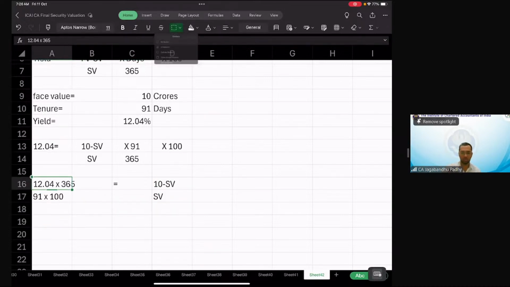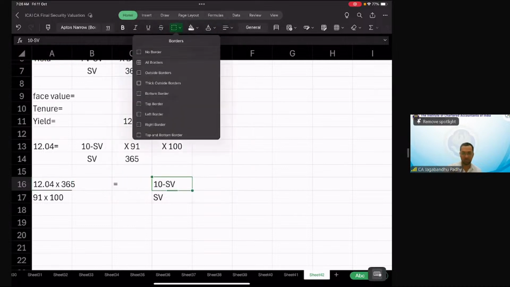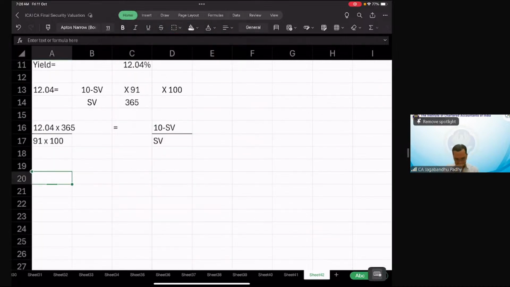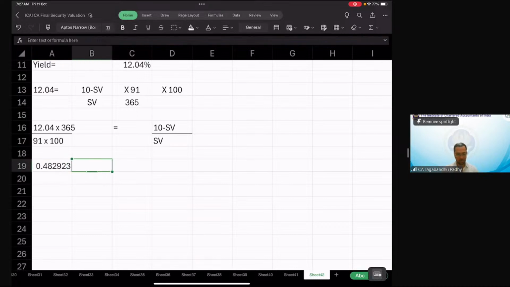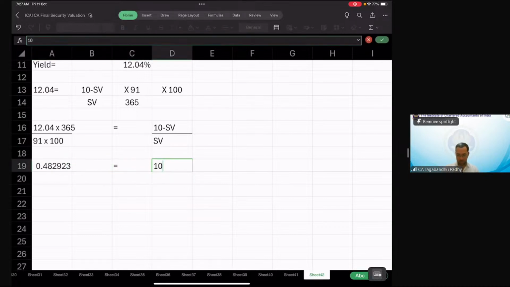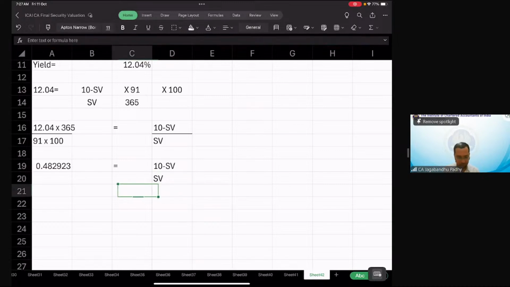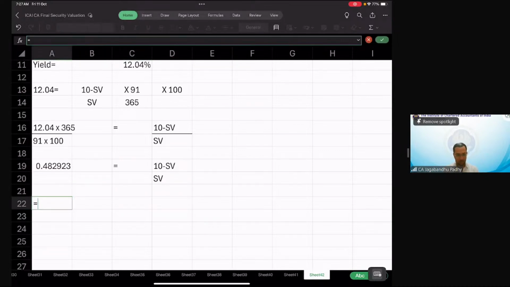So this term into sale value is equal to 10 minus sale value.